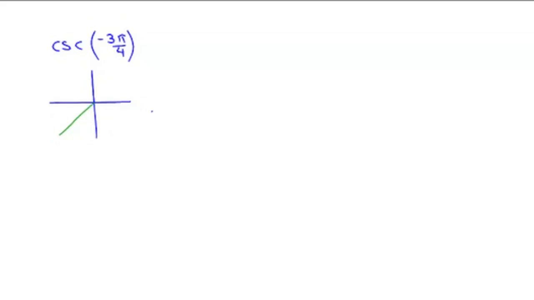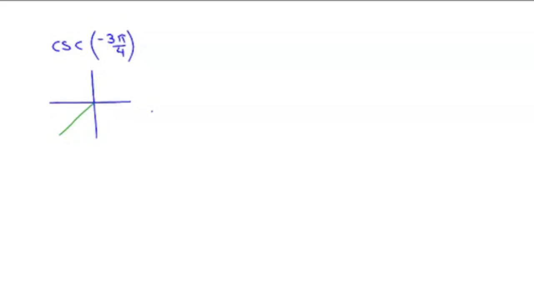Third quadrant, right? Wait, hold on, no, I take that back. Yeah, it's in the third quadrant. It's pi over 4, and it's negative, so you have to go backwards and back off 1. Third quadrant.